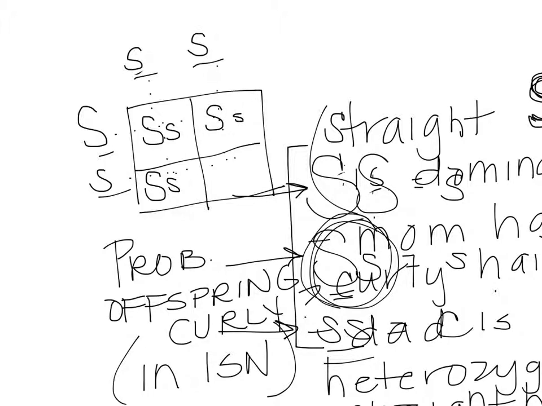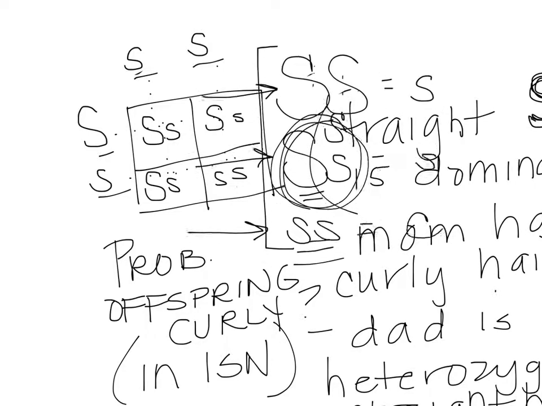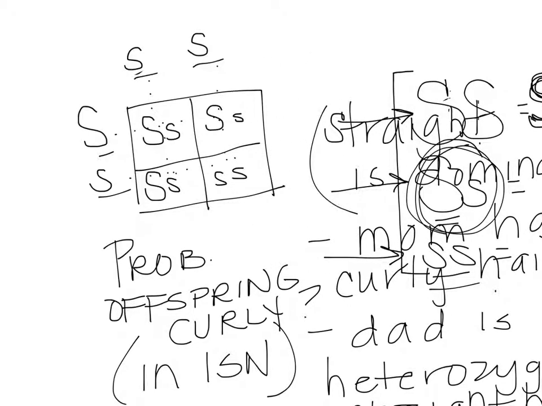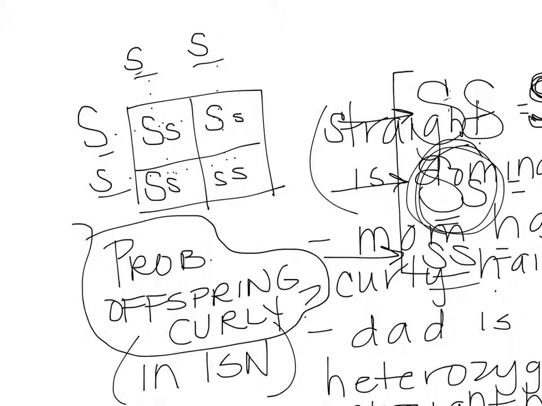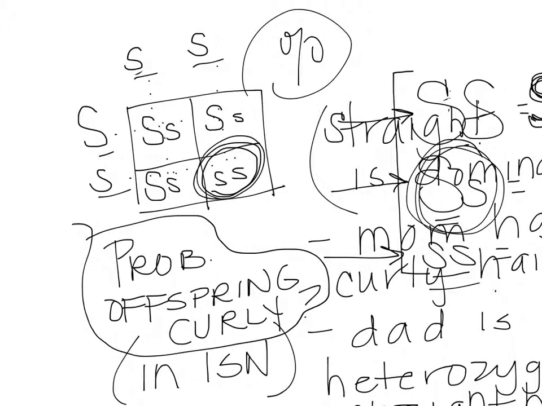Capital S, lowercase s, and then lowercase s, lowercase s. So the question was, what is the probability that the offspring will be curly? Okay, here's that question right here. So probability is always in percent. So the only curly-haired child is right there. So that would be 25%.